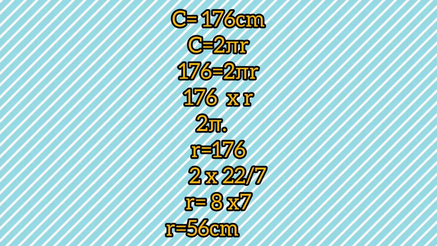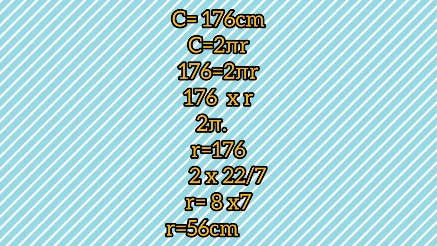First we will write what is given. The circumference of the circle is 176 centimeter, and then we will write C is equal to 2 pi r, that is the formula. Now we will put the values in this formula. So 176 is equal to 2 pi r. Then we get r is equal to 176 upon 2 into pi.